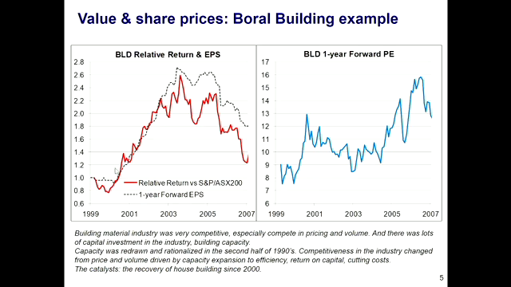There was a steady increase of EPS of Boral and other building materials companies as well in the early part of 2000. And that coincides with a healthy market boom in Australia. That's very strong performance relative to the market index. That was 2.5 times of relative performance.